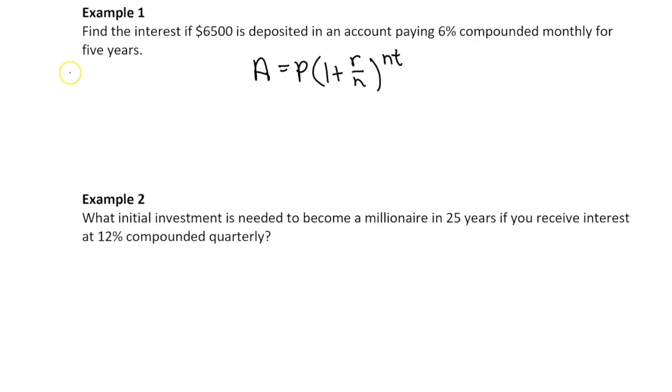And then over here, I would write what we're going to be able to fill in, and then we'll see what we need. So what you could say is if you want to find the interest on $6,500, your principal is $6,500, and that was done at 6%. Your rate is 0.06. It's compounded monthly, and you're going to do that for 5 years. And we want to find out our accumulated amount.